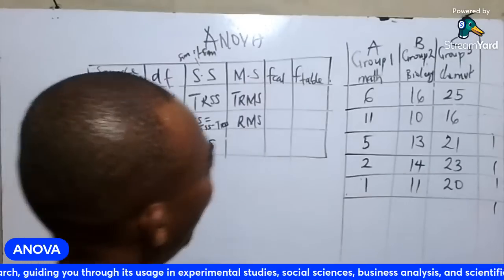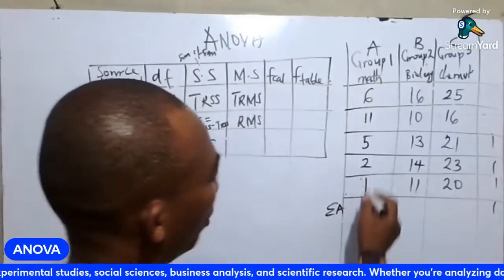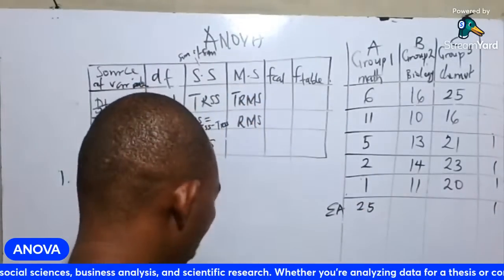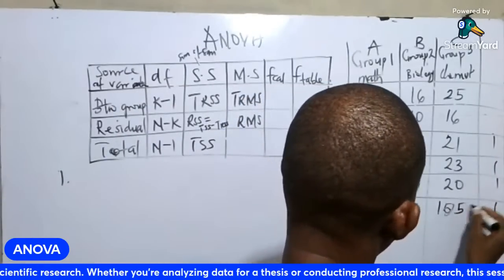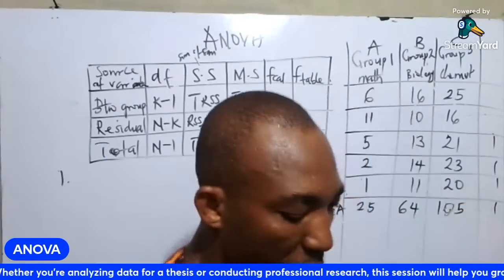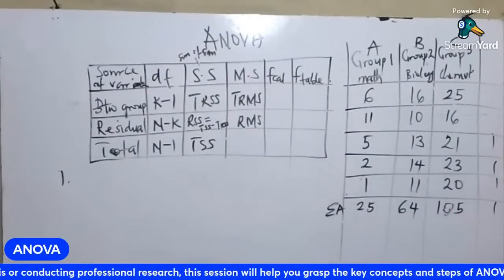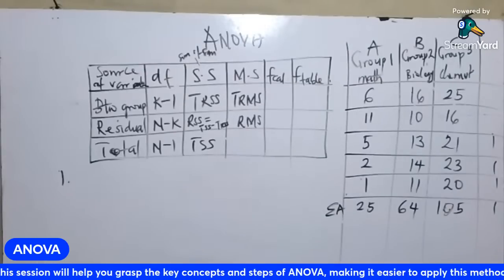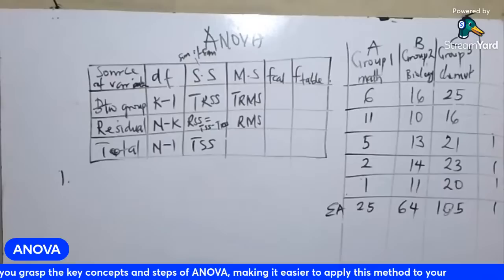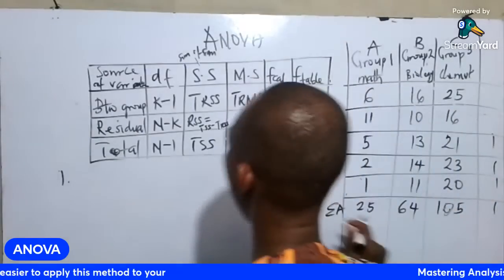So we are getting the summation A, which is 25, and summation B is 64, and summation C is 105. Can we try that, if you got the same thing with me? That's the first step. I want people to comment.